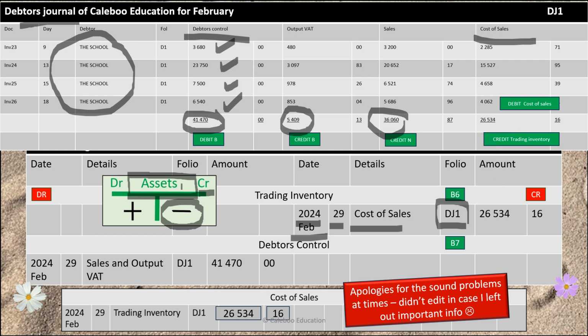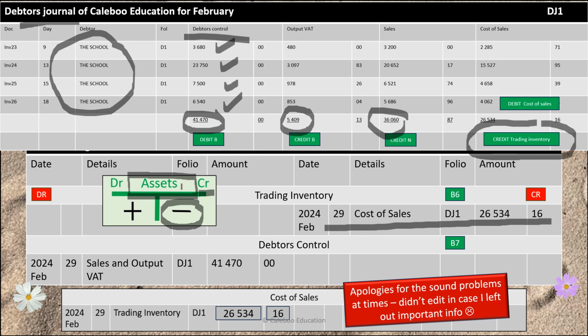In green, I put those blocks under the cost of sales column, and we went and credited trading inventory. Decrease in assets. The rule says credit. Now that is the credit entry, and for every credit there's a debit.